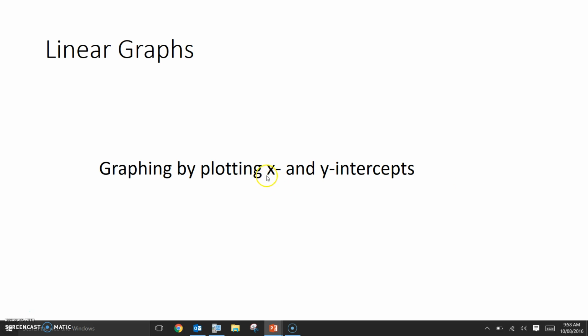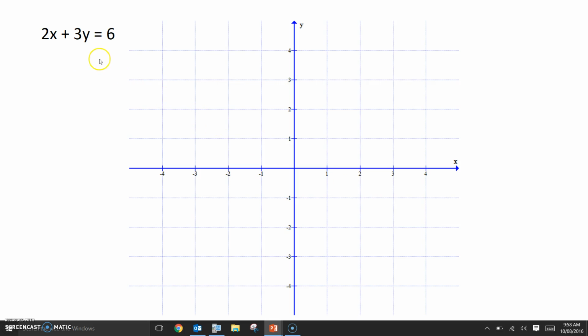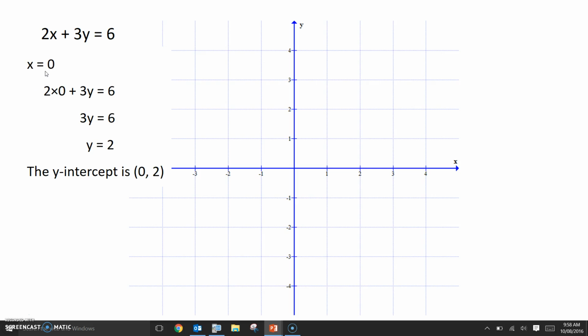Next method is by plotting the x and y intercepts. So we've got a different form of the equation here. What we do is we say when x equals 0, what does y equal? Well, x equals 0 is all along this y-axis.